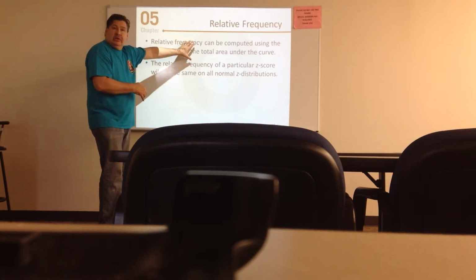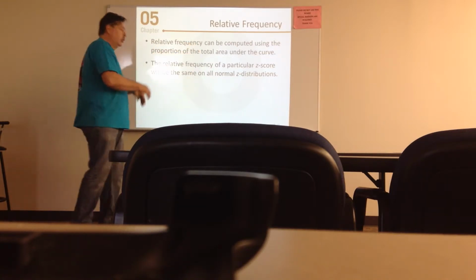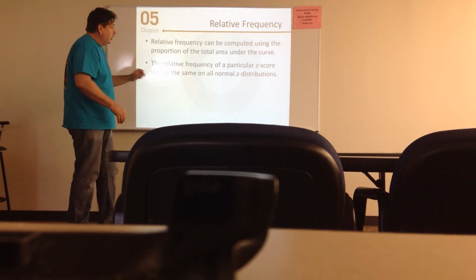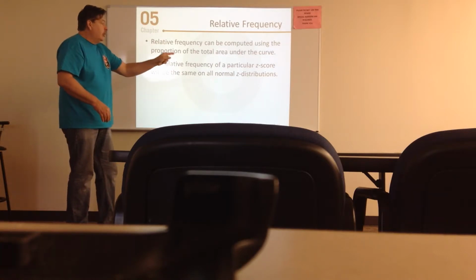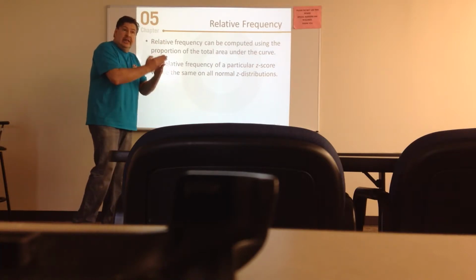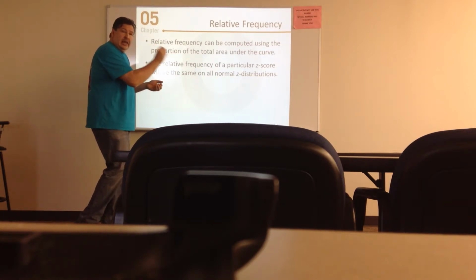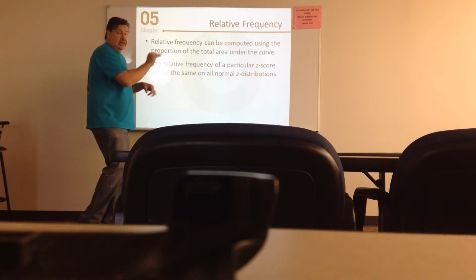We always will put that, it's called a standardization. We're going to standardize that area on a normal curve so we know what those percentages are. The relative frequency of a particular z-score will then be the same on a normal z-distribution. So we can take a particular z-score and plug it in, and we know exactly where someone's going to fall in proportion to everybody else who takes that test.